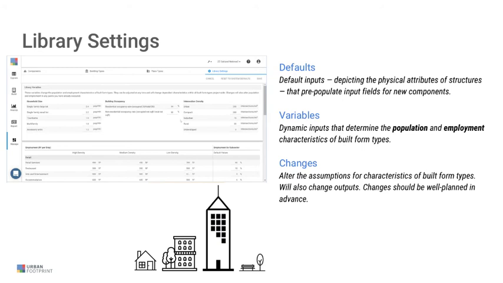And just an understanding that when you make changes, it alters the assumptions of what the characteristics are, and you'll want to make and apply changes before you start using all of these types, because these assumptions are what UrbanFootprint uses to create outputs and to assess the outcome of these changes. So you'll want to have these well planned in advance.